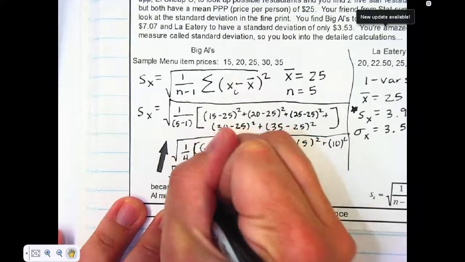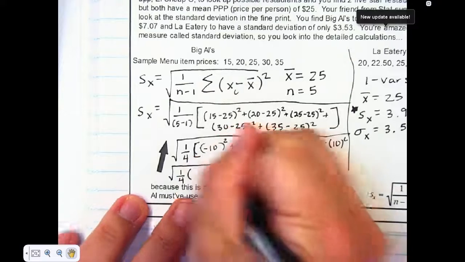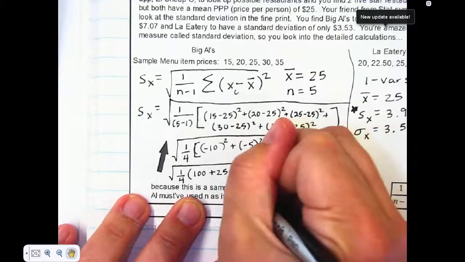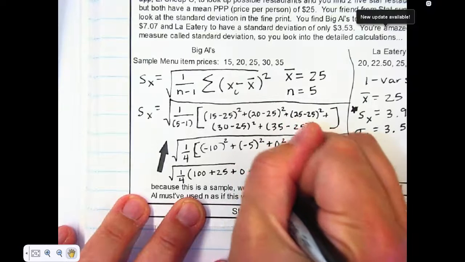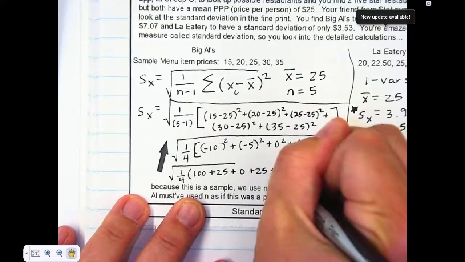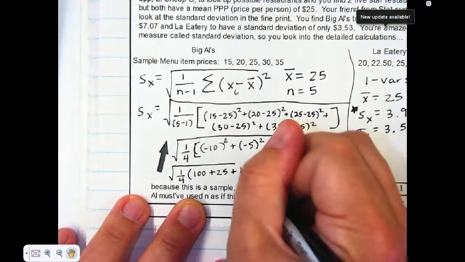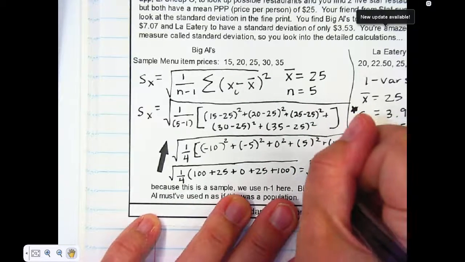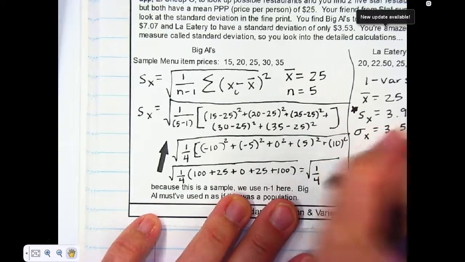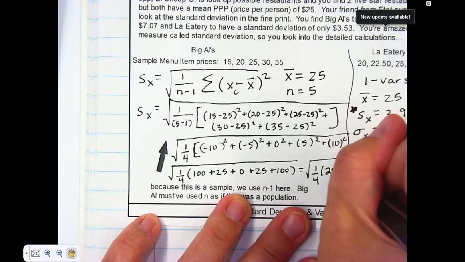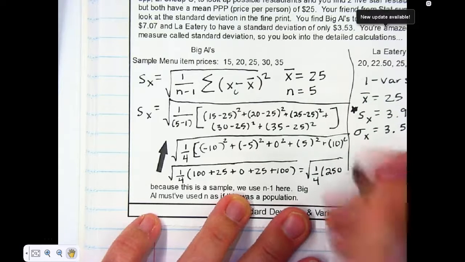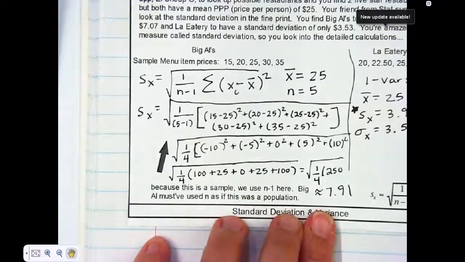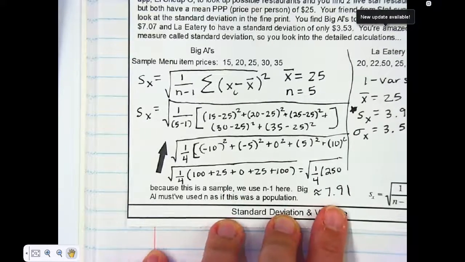I'm going to have 1/4 times 100 plus 25 plus 0 plus 25 plus 100, which gives me the square root of 1/4 times 250, and that's approximately 7.91. So here, for Big L's Eatery, I have 7.91.